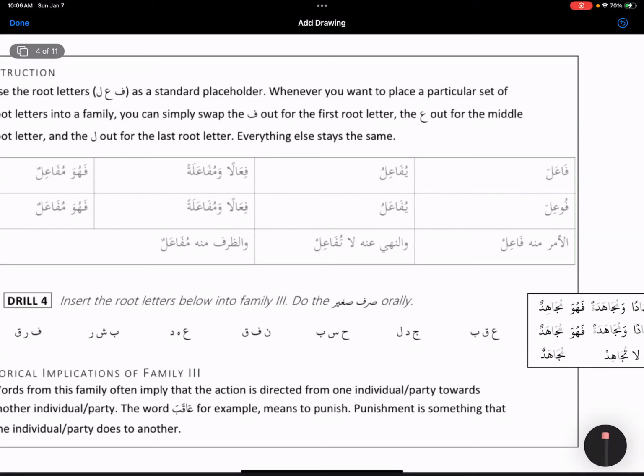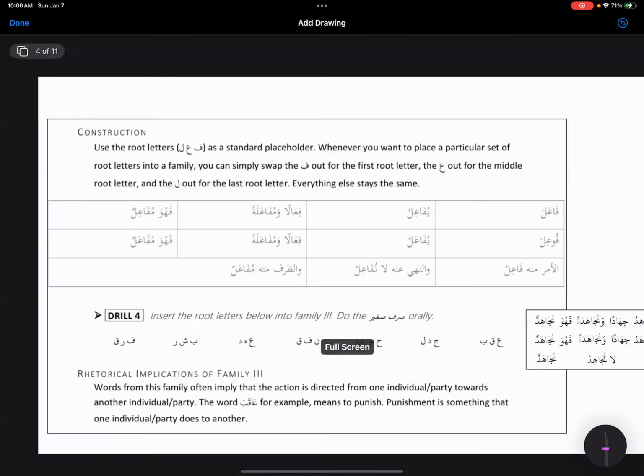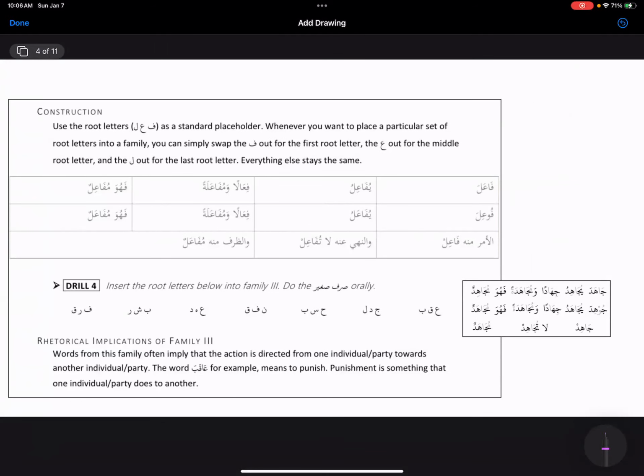So now Ha, Sin, Ba, who is ready? Should I pick? Hasaba. Yes. Okay, go ahead. Hasaba, yuhasibu, hisaban, fahuwa muhasibun.